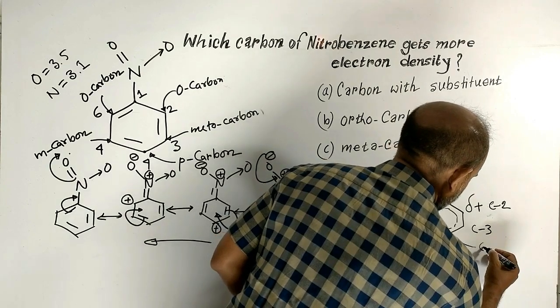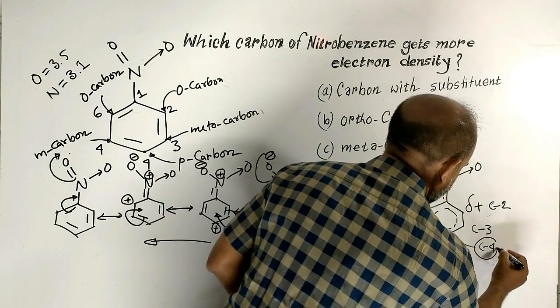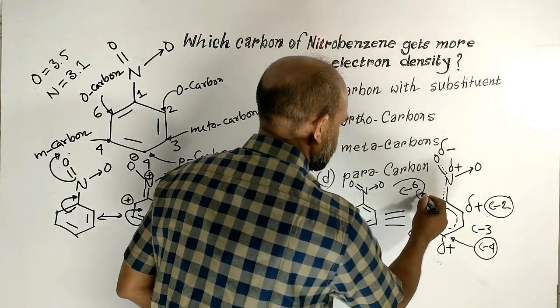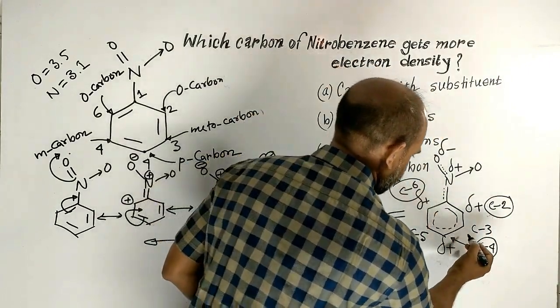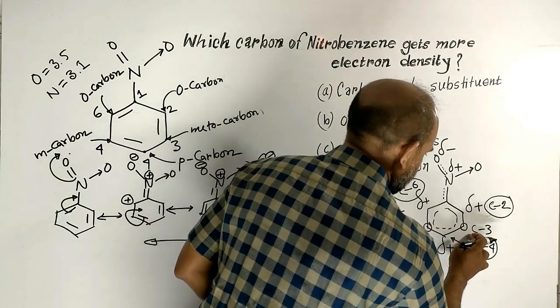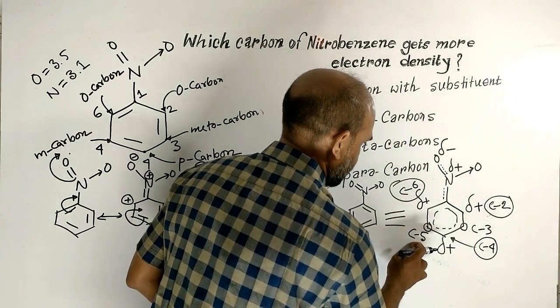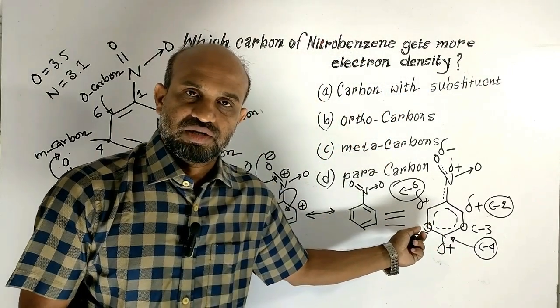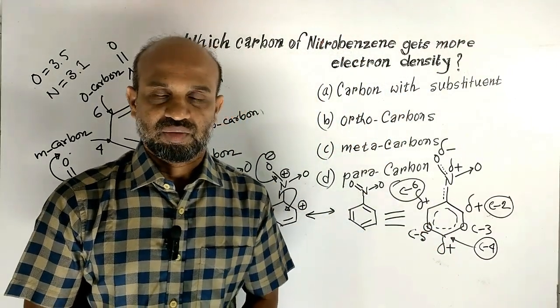Para carbon or carbon 4, positive in charge. But this carbon and this carbon, that is carbon 3 and carbon 5 or meta carbons, get more electron density comparatively.